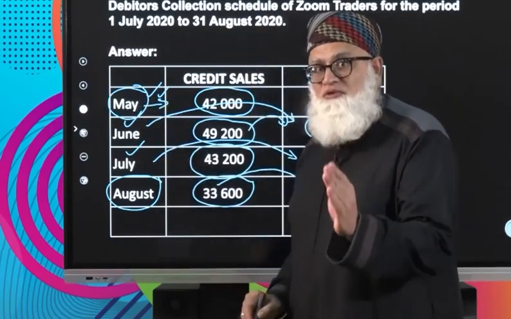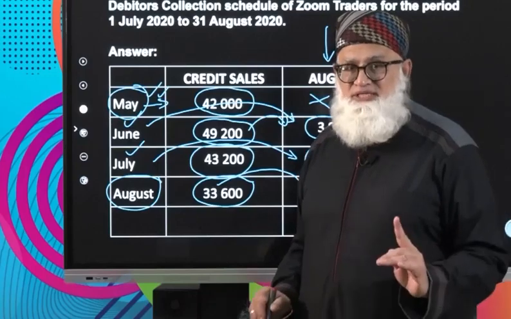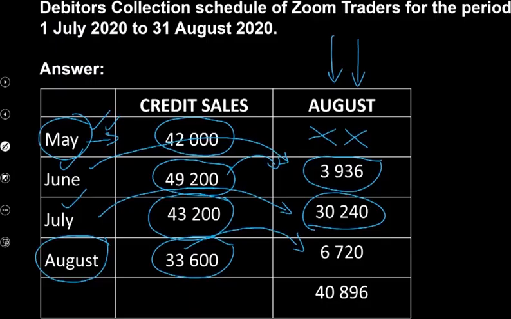So, what is important for you to remember, when you are doing these calculations, make sure that you know how each month will impact on the budget month. And that is important. Once again, I'm redoing this because of its importance. May, they will pay us in May, June, and July, and you can see it works itself out.